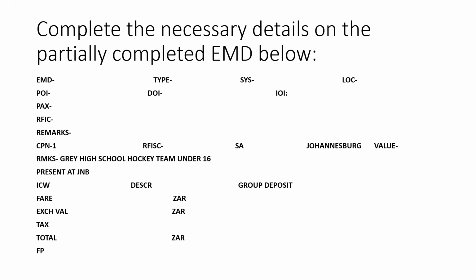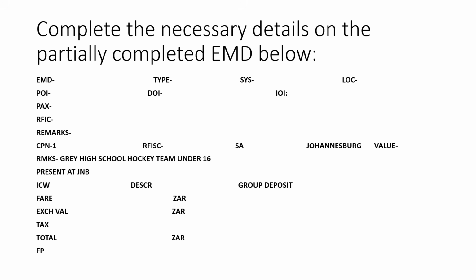We have RFISC, which is the subcode. Going back to our notes, group deposits will always be 997. We have the value, very crucial. With the amount, you use the calculated 30% as per the scenario.